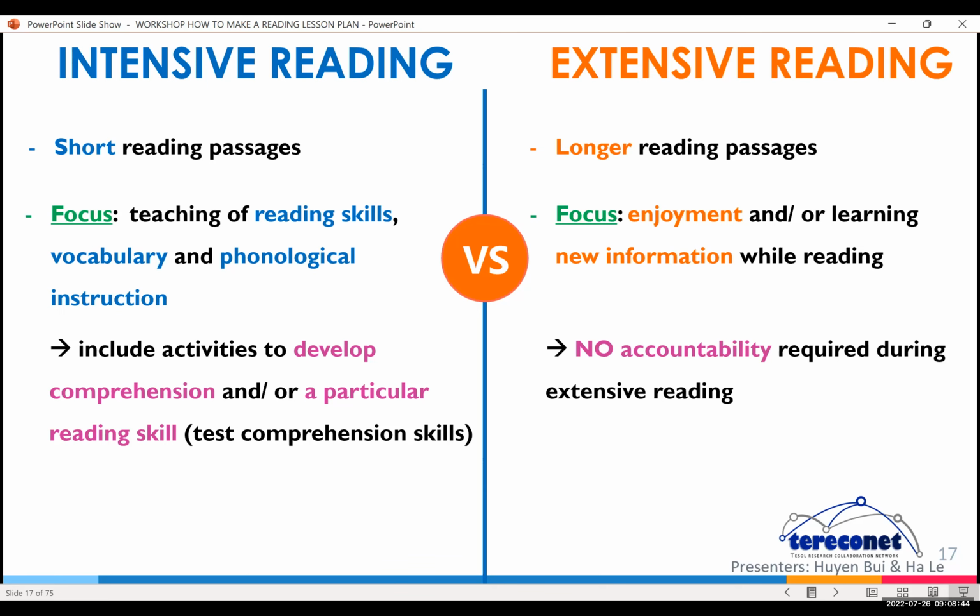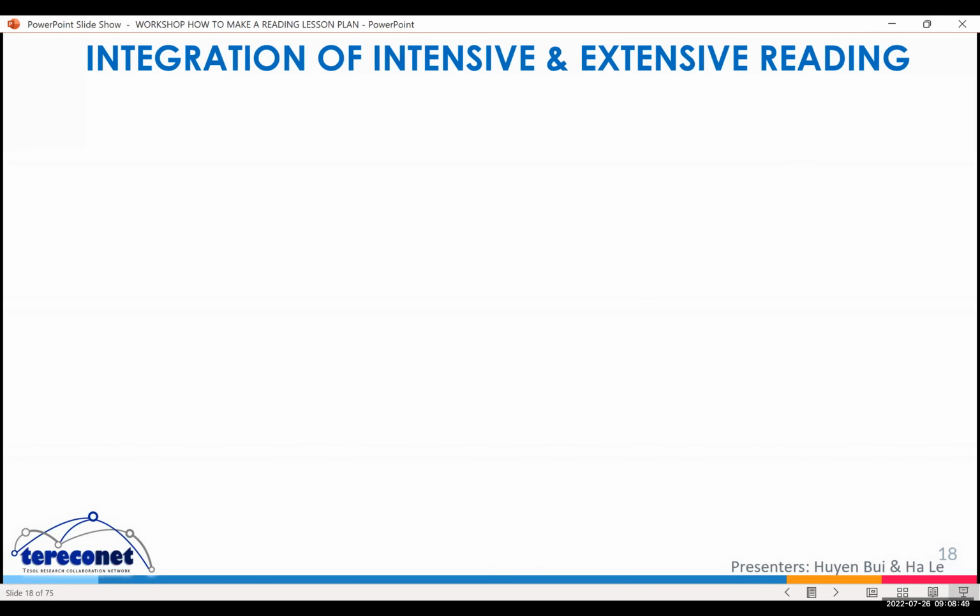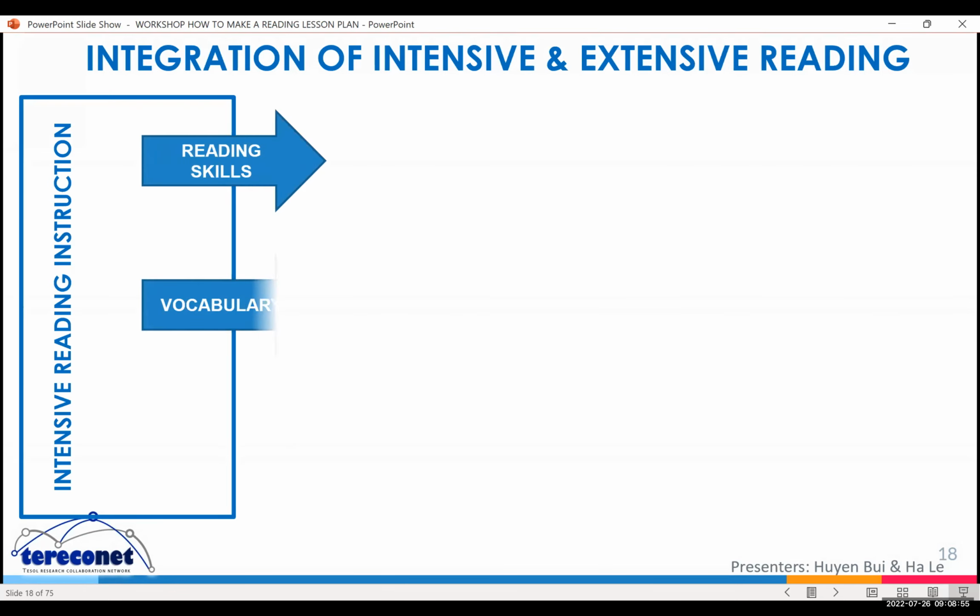So in teaching, we should consider integrating intensive and extensive reading. In class, we will have our students develop phonological instruction, key vocabulary, comprehension, or reading skills.